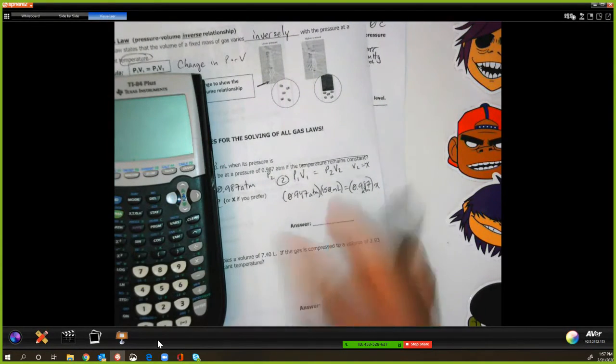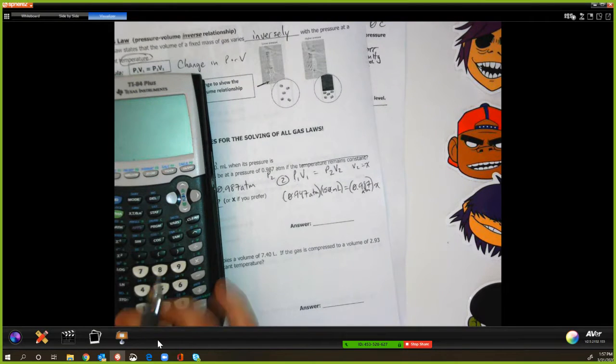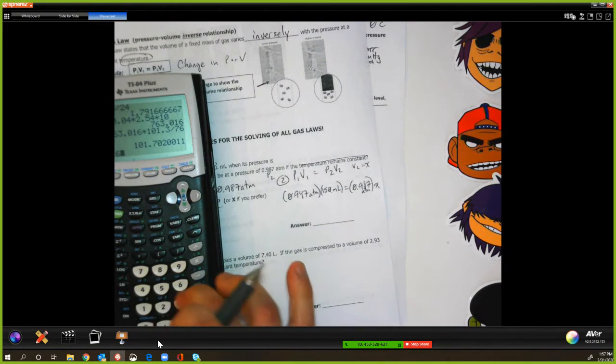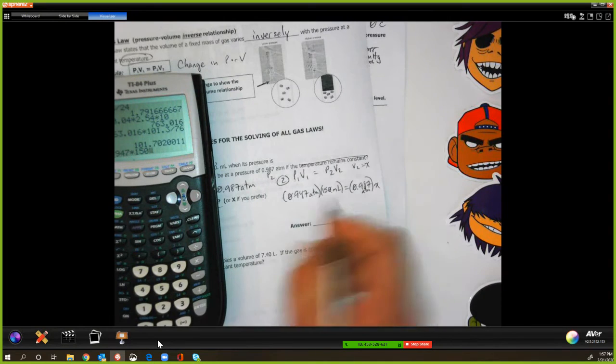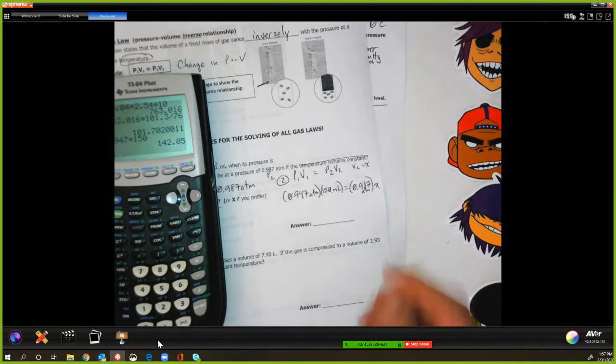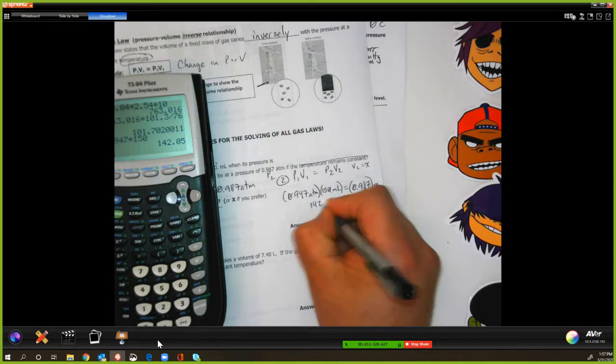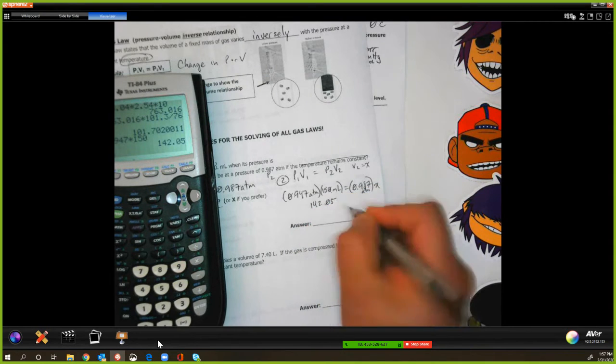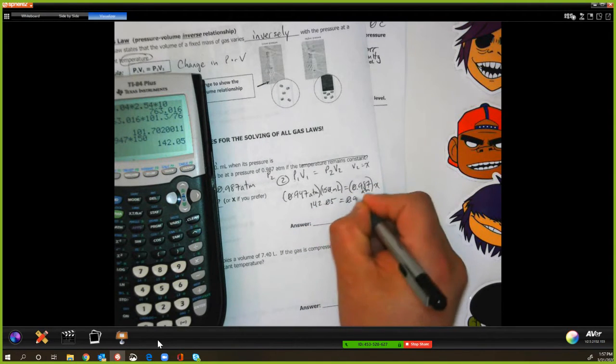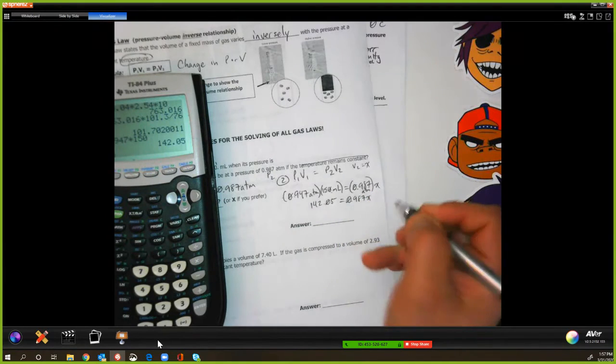So 0.947 times 150 equals that. So you get 142.05 equals 0.987x.